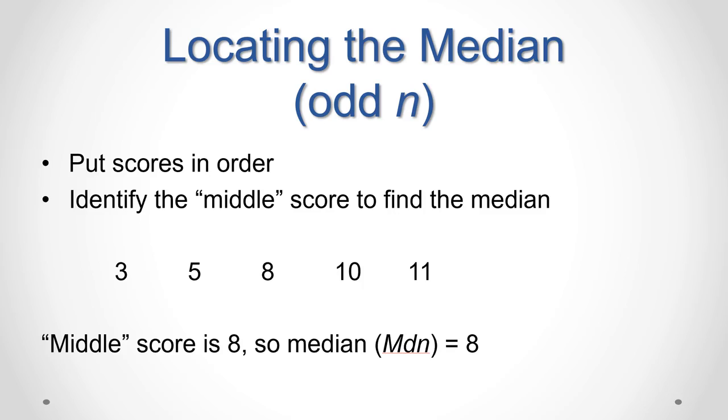Here's an example for locating the median with an odd number of observations. As you can see, these data are already in order from smallest to largest. So in order to locate the middle score, or divide this exactly in half, we take a look at the data, and it looks like number 8 is right smack dab in the middle.